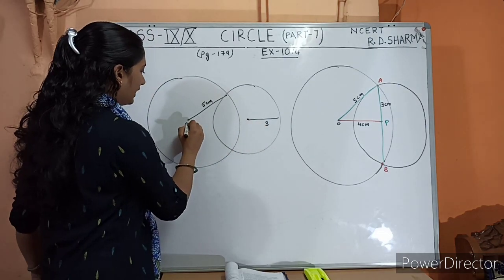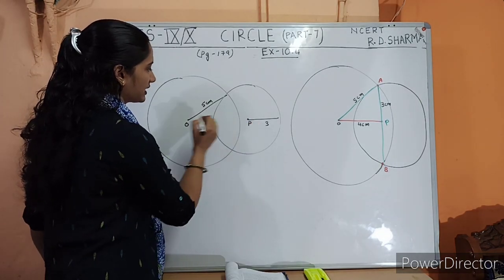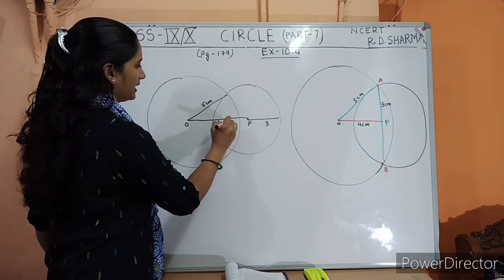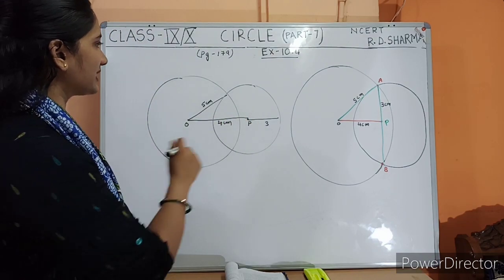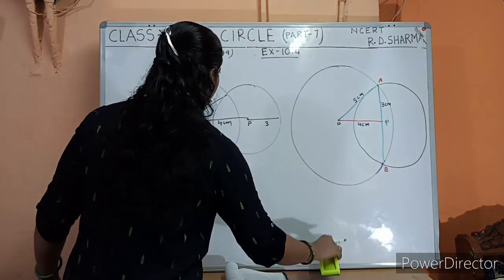Let us suppose the center of the first circle is O and the center of the second circle is P, then the distance between O and P is given here as 4 centimeter. You can see I have already drawn one circle here, so you may just refer to that.